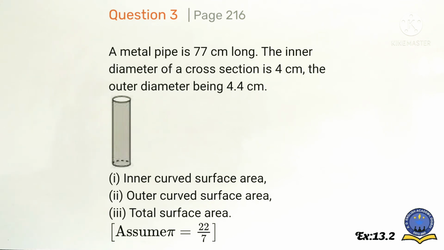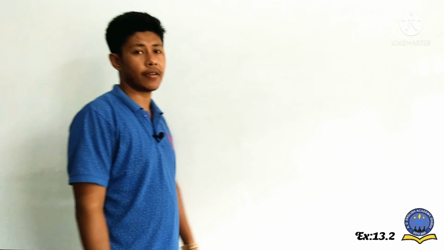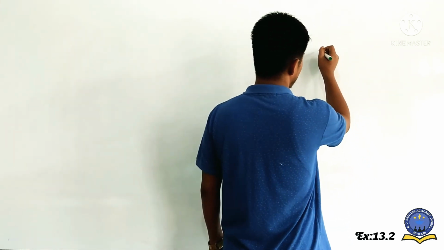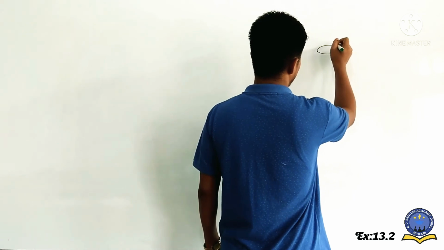So in this case, when a pipe is given to us, we consider it as a right circular cylinder, and the inner diameter and the outer diameter are given. If you see the diagram properly, suppose this one is the pipe.